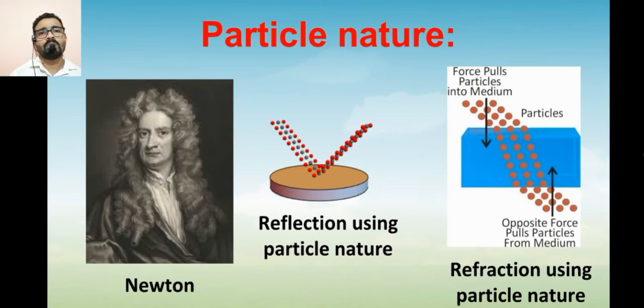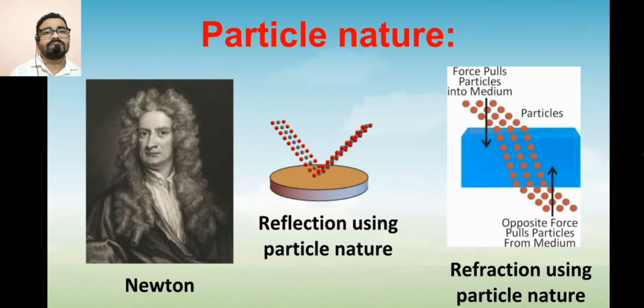That's why more often this theory is attributed to Newton. Newton introduced the particle nature of light, and using that nature he explained some phenomena of light like reflection and refraction.